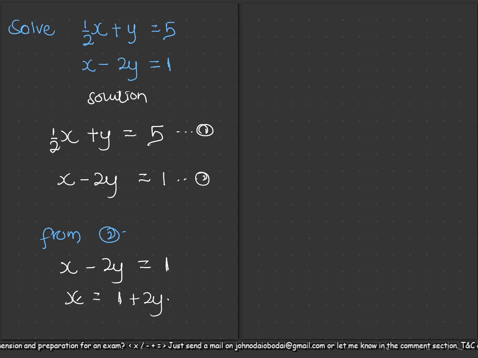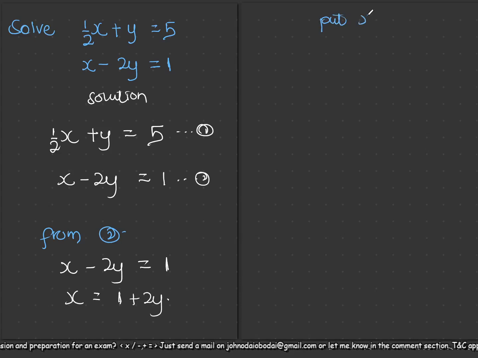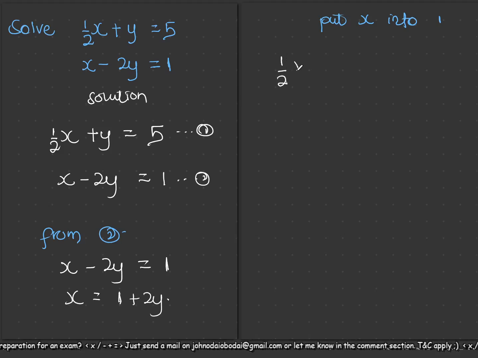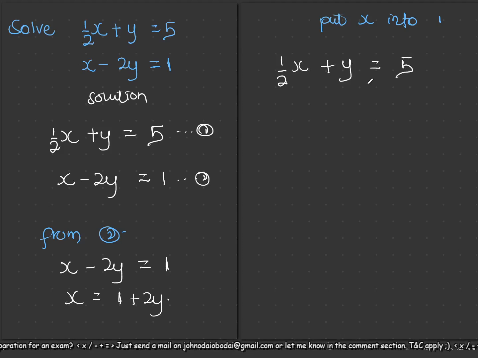Then we go on and say, let's now put the x we have made the subject into equation 1. So that anywhere we see x, we put all of this over here. Mind you, our equation 1 is 1 over 2x plus y equals 5.